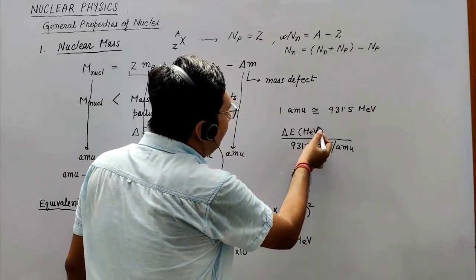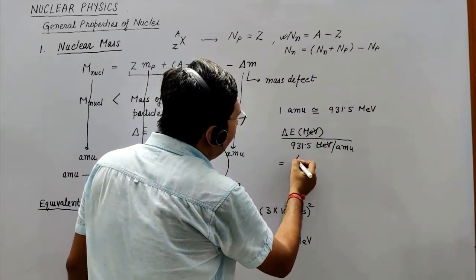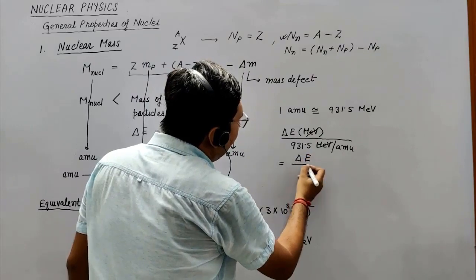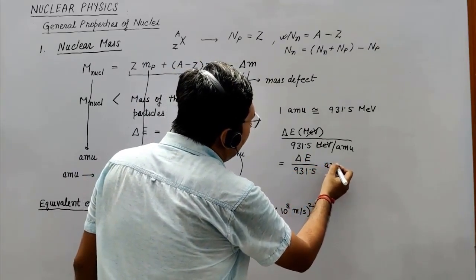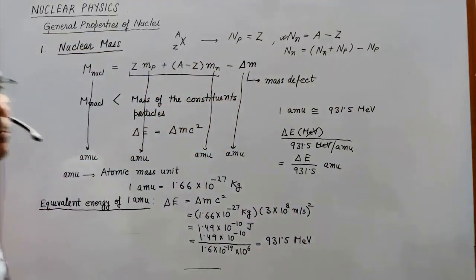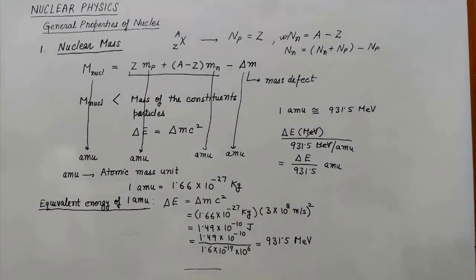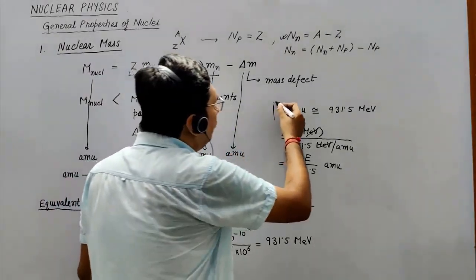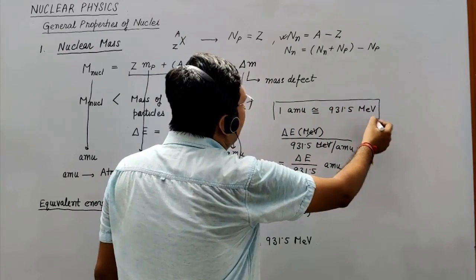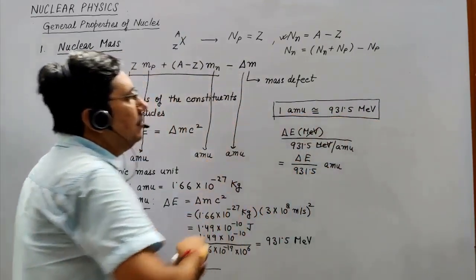The MeV will cancel out, and we will have delta E divided by 931.5 AMU. So we can convert 1 AMU mass into energy in terms of MeV, and at the same time we can convert MeV energy into corresponding mass in AMU using this conversion. So 1 AMU mass is equivalent to 931.5 MeV energy.